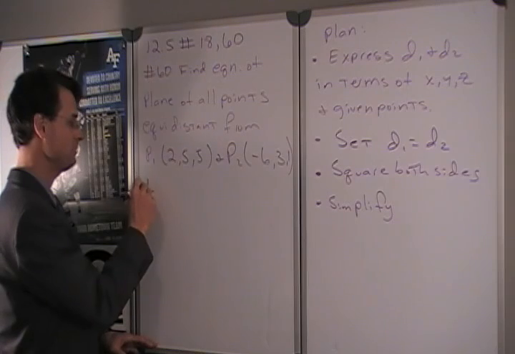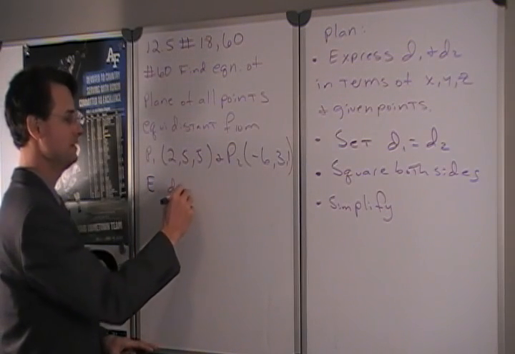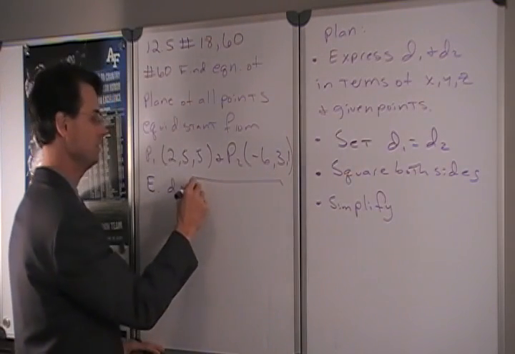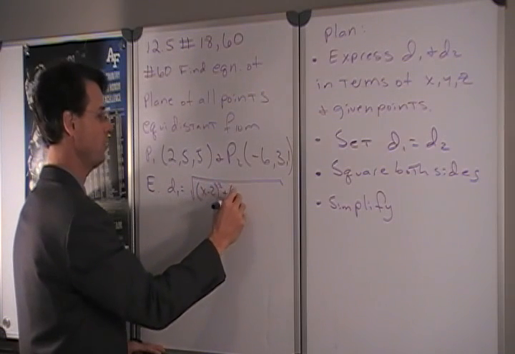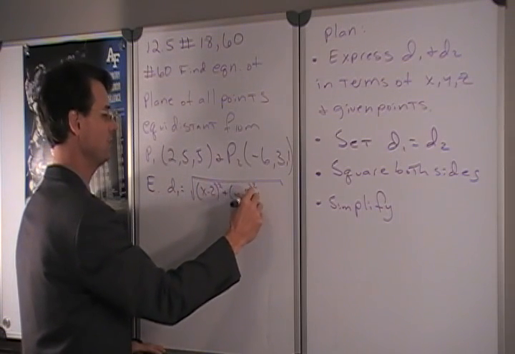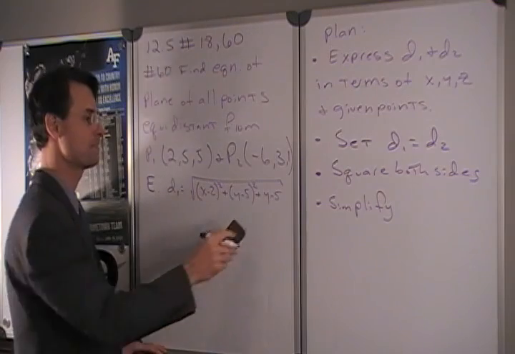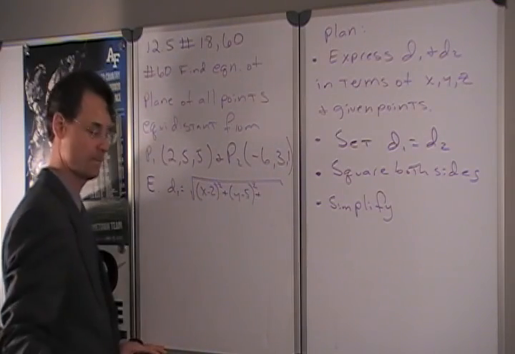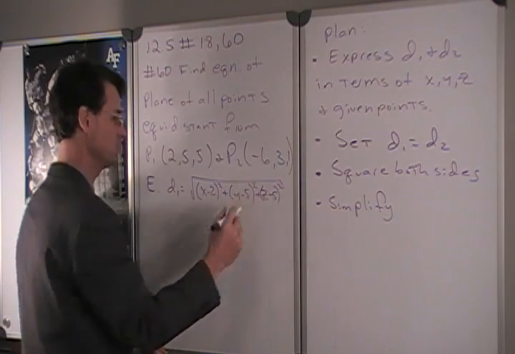Alright, so to evaluate the problem, well, the distance formula, d1, is equal to the square root of (x minus 2) squared plus (y minus 5) squared plus, oops, that should be a z, (z minus 5) squared.